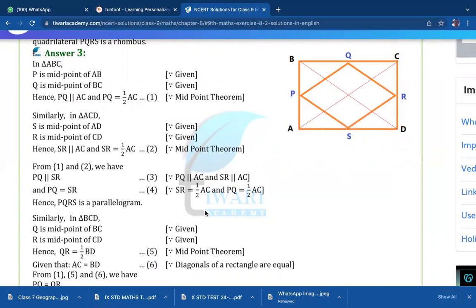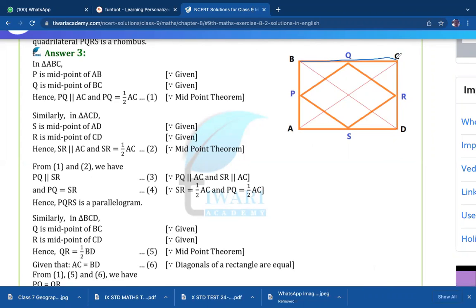So let us see here. We have already taken triangle ABC and triangle ACD. Now let me take triangle BCD.